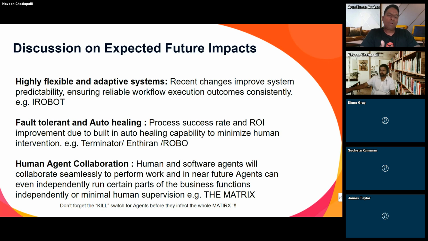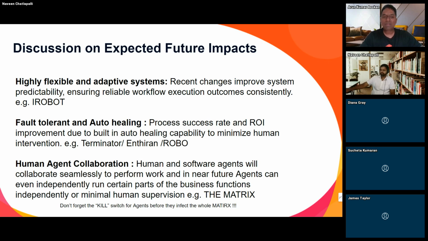So what we are going to expect is highly flexible, adaptive systems where we'll have reliable workflows and where the system can adapt to the environment, just like the robots you see in the iRobot movie. When it comes to fault tolerance and auto healing, the process success rate and ROI are majorly impacted by the non-healing capability of the current bots.